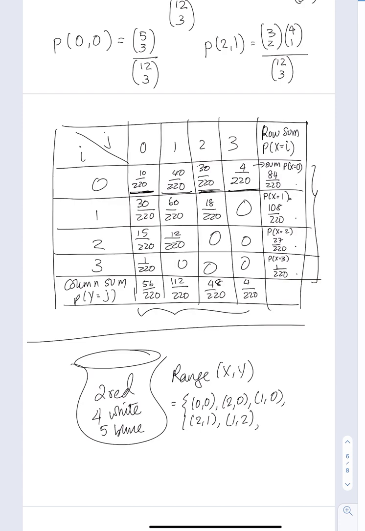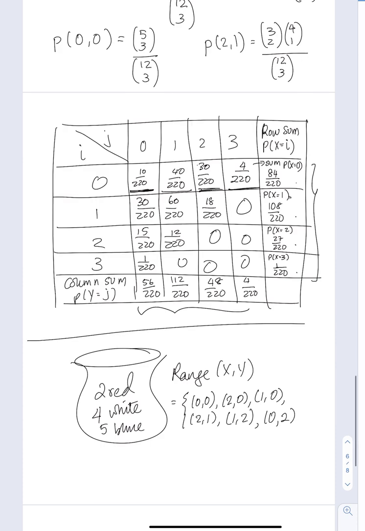Or you could have 0 red and 2 white. Or you could have 0 red and 3 white. Okay, just a small little play on what the numbers would be if you only had 2 reds.